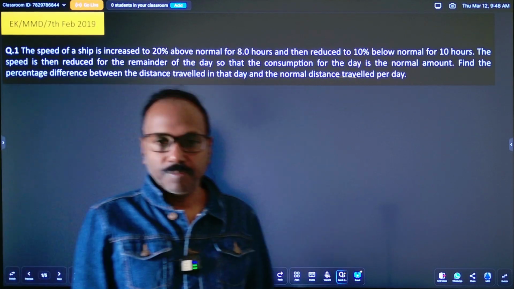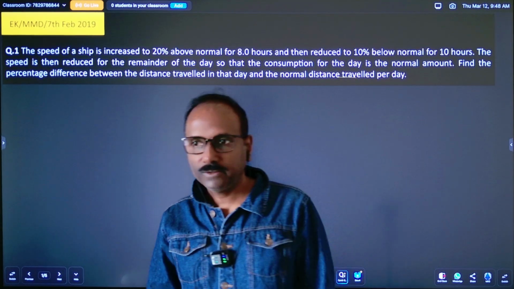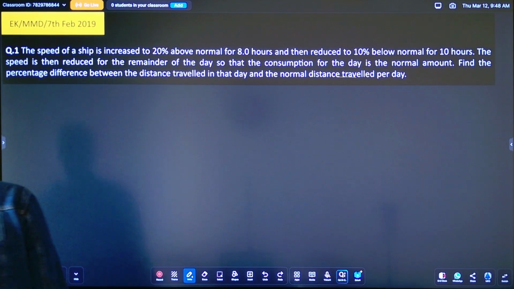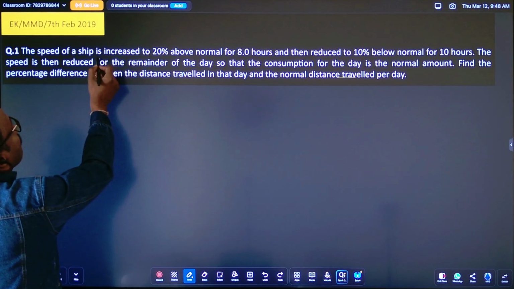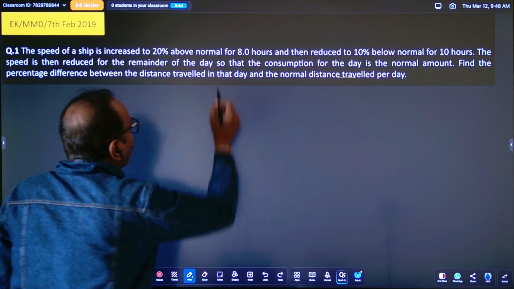If you are approaching to solve any problem, you should first collect the data, what all things is given. So let us collect the data first. The speed of a ship is increased to 20% above normal.